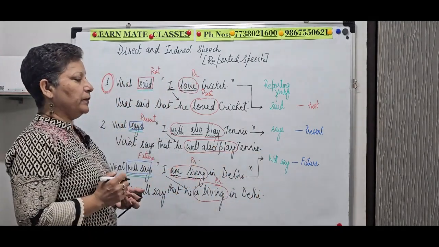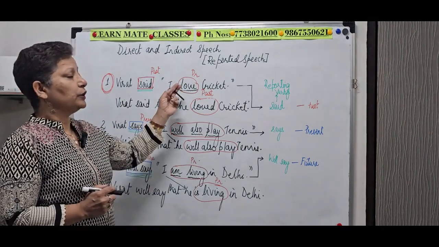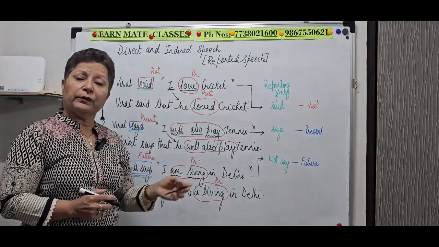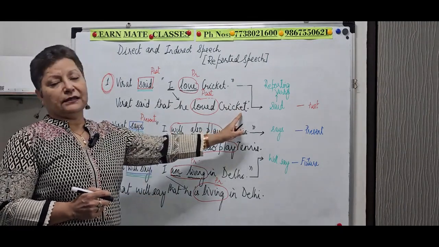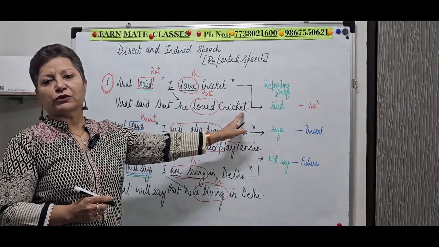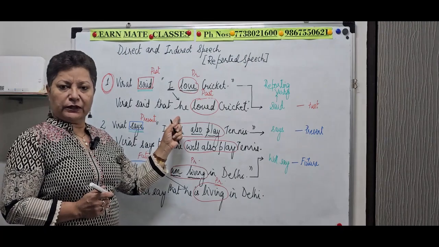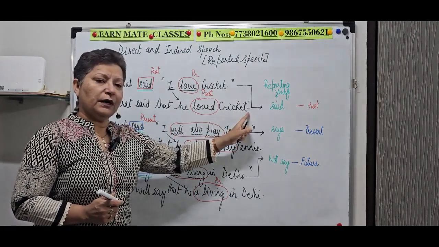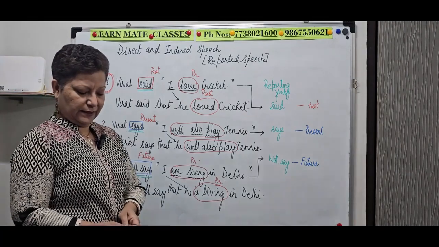So everywhere the sentence is going to end in a full stop, even if you are reporting a question, or an exclamatory sentence. The final thing in a reported speech sentence is going to be a full stop. There are going to be no quotation marks, no question marks, only a full stop, right? So we move on next then.